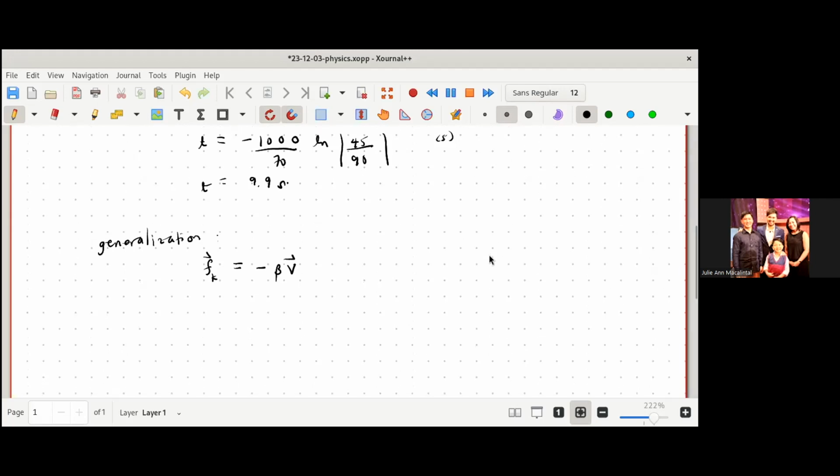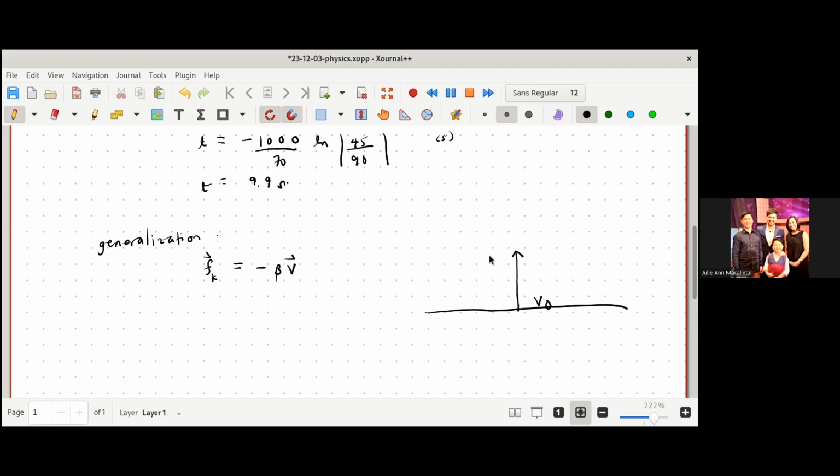Subukan lang natin yung something thrown upward, may initial velocity from the ground, thrown upward, and then it's going to fall down, di ba? So, yung friction is going to be negative beta times v.